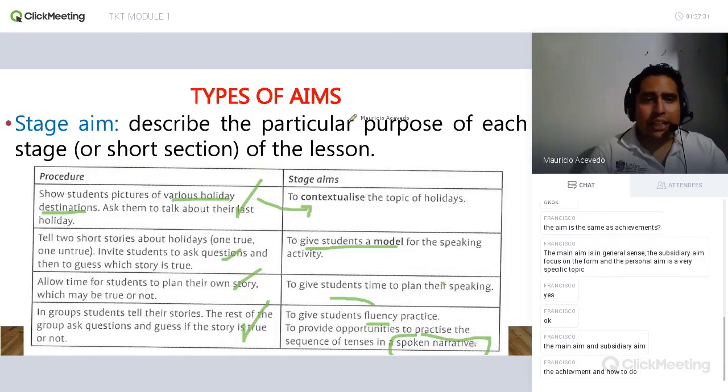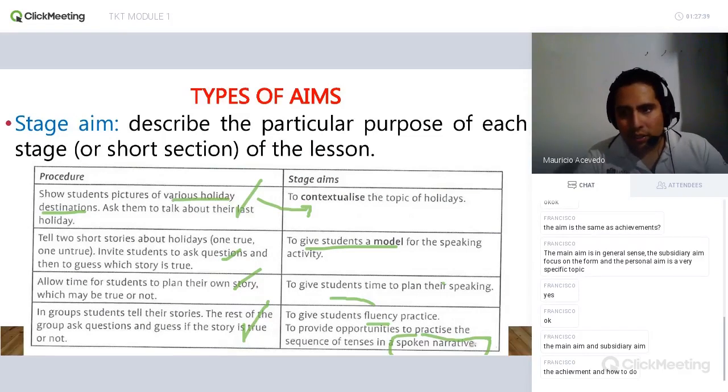Do you think that it's also a good idea to have a stage aim and a personal aim, or you think that these are not really required? Okay, the achievement and how to do it. Very good, Francisco. Me too.